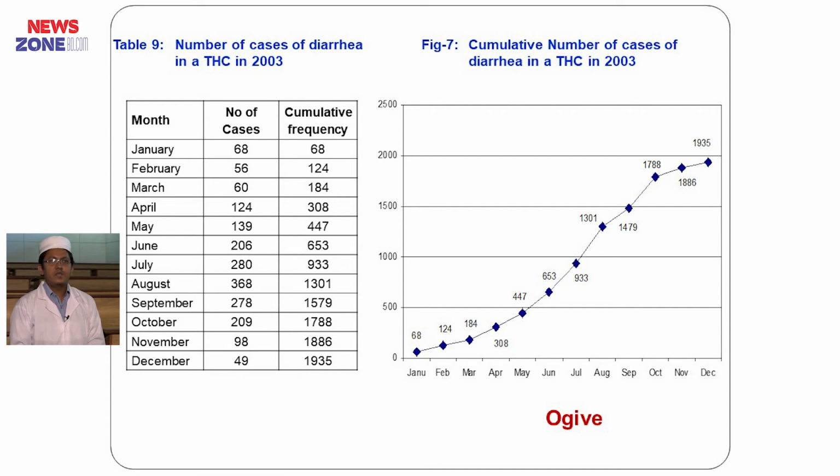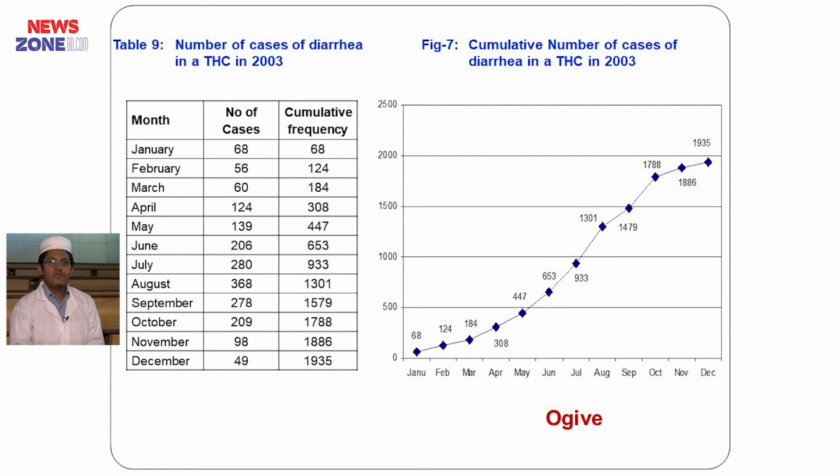Ogive means cumulative frequency chart. Here on the left side is a data set of January, February, March. These are the months, with the number of cases of diarrhea in a Thana Health Complex in 2003. In January there were 68 cases of diarrhea, so the cumulative frequency is 68. In February, the total number of diarrhea cases was 56.